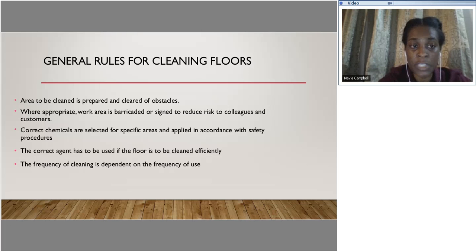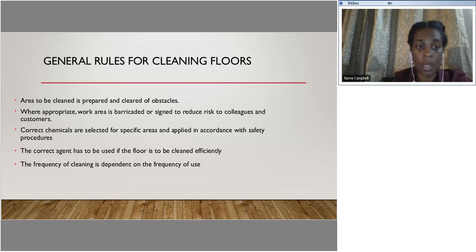Correct chemicals are selected for specific areas and they are applied in accordance with safety procedures. Therefore, you do not use too much chemical in the cleaning solution, which may cause the floor to become liquid, which is a slip hazard.